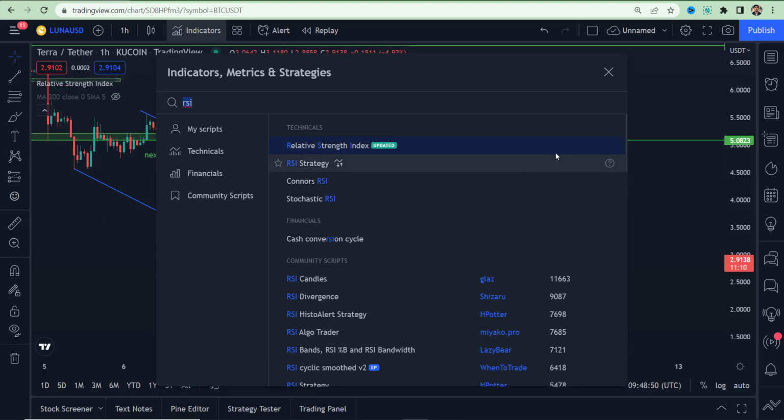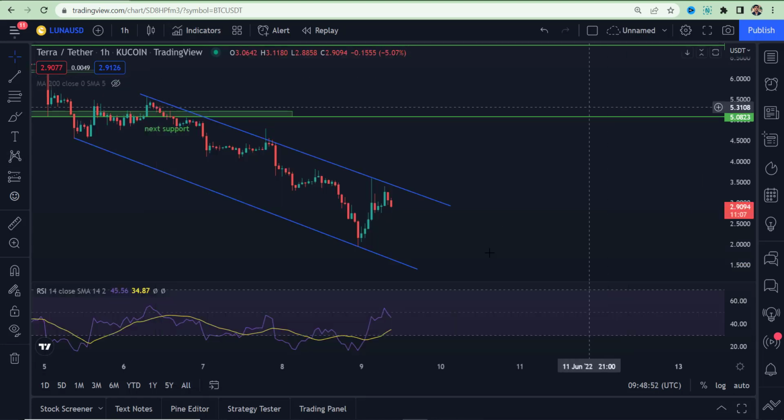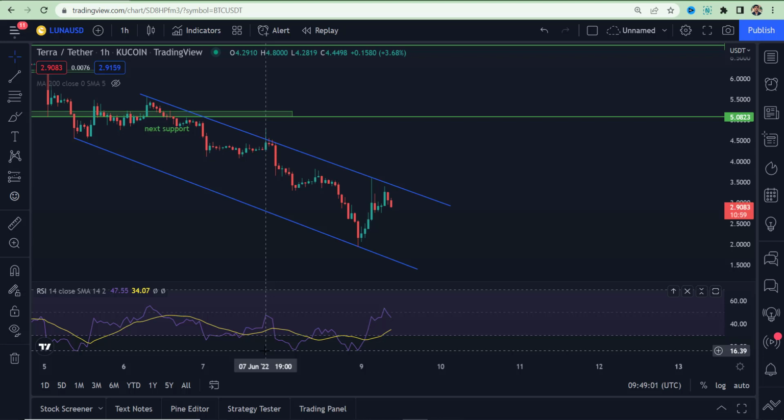Let's check on the RSI. So on the RSI we see this formation of a double bottom. Meanwhile the price is continuously moving down. That shows some positivity in this case, which is good for, I would say, some time.